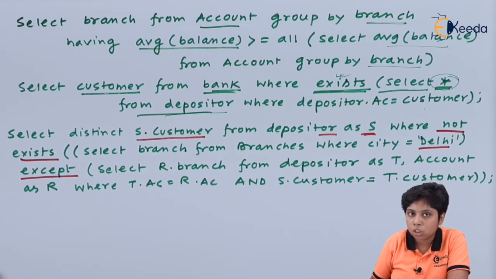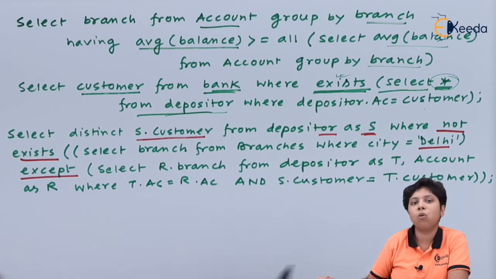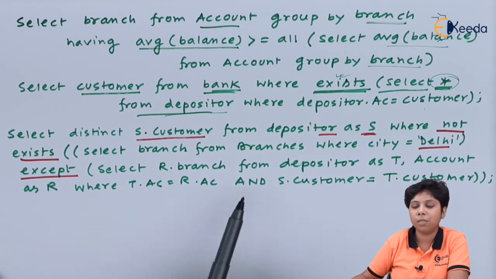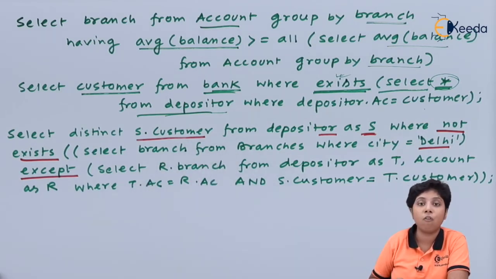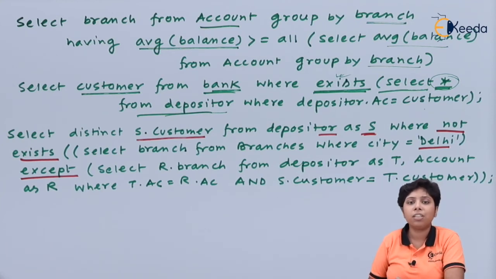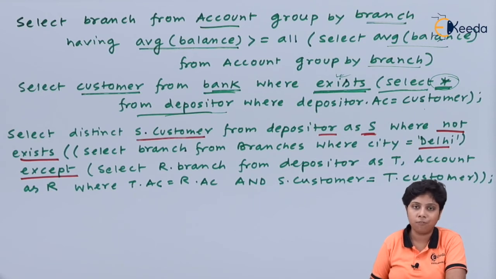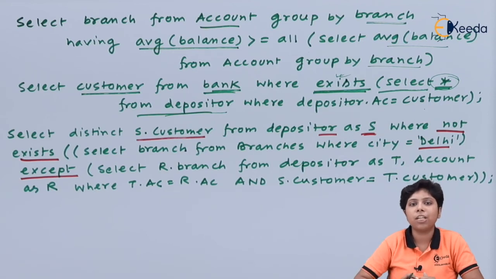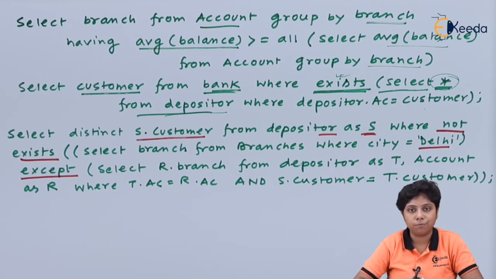So if it is also in Delhi but has a loan and depositor account, then it will be considered for this case of a set of domain. So in this way we can check for the empty relation and a non-empty relation by differentiating with an except operation of set, merging it with a not exists operation. Next we will check for the duplicate values.